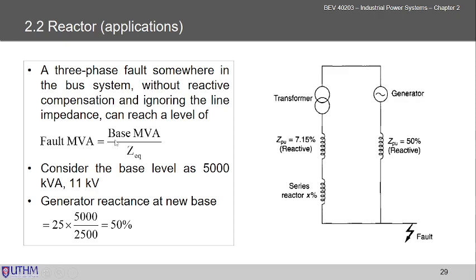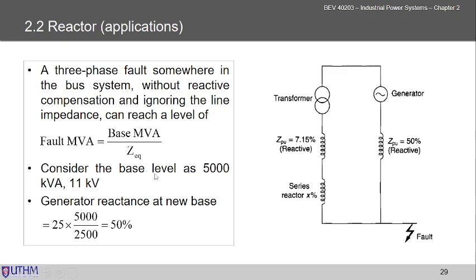The fault MVA is equal to the base MVA, which we need to choose, divided by the equivalent Z. For the base we take 5 MVA, or 5000 kVA, and 11 kV.